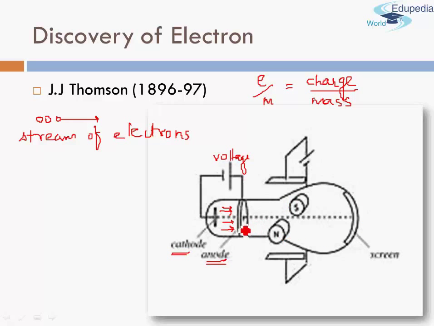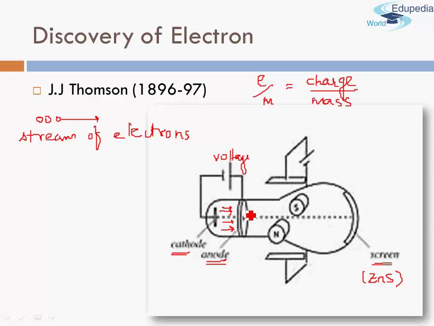Even after anode he extended the tube, and at this end he had some kind of photographic screen or plate, a plate coated with some material like zinc sulfide, some fluorescent material.